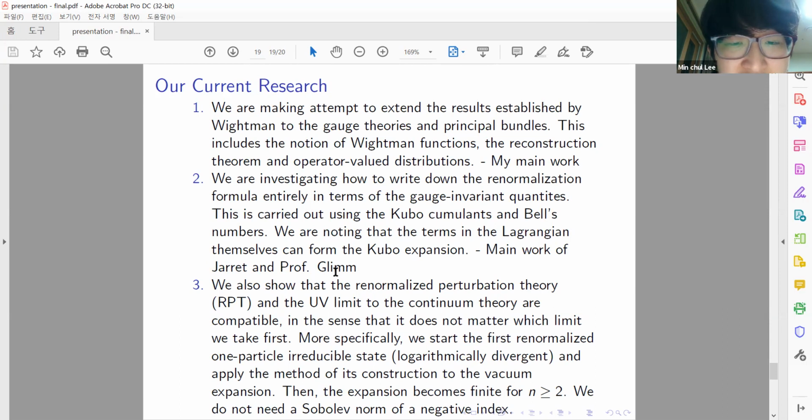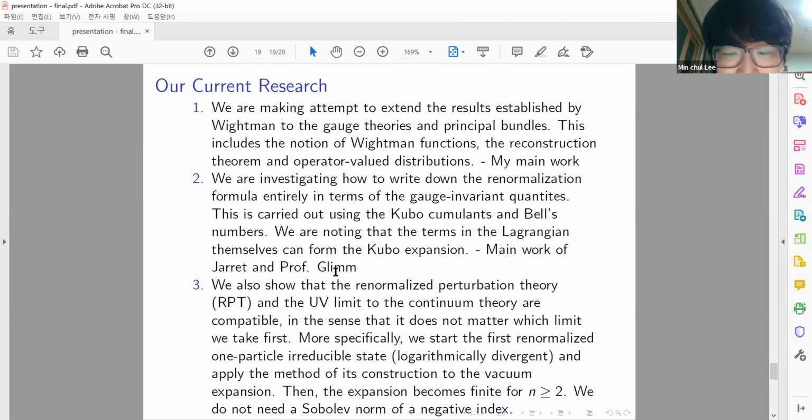This is carried out using the Kubo cumulants and Bell numbers. We note that the terms in the Lagrangian themselves can form the Kubo expansion. Also, we show that the renormalized perturbation theory and the ultraviolet limit to continuum theory are compatible, in the sense that it does not matter which limit we take first.